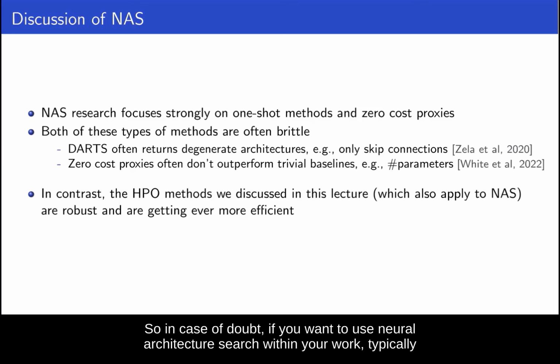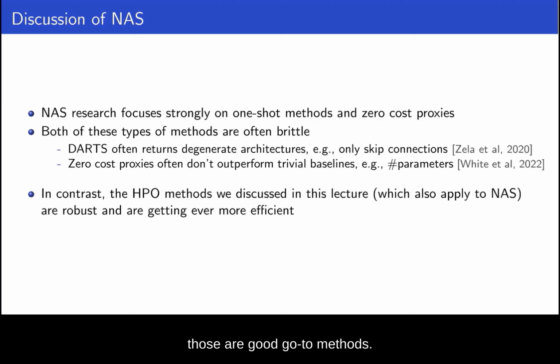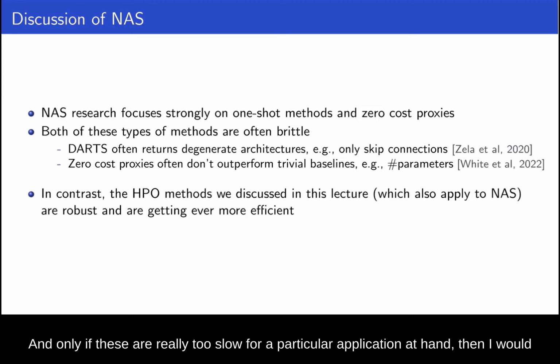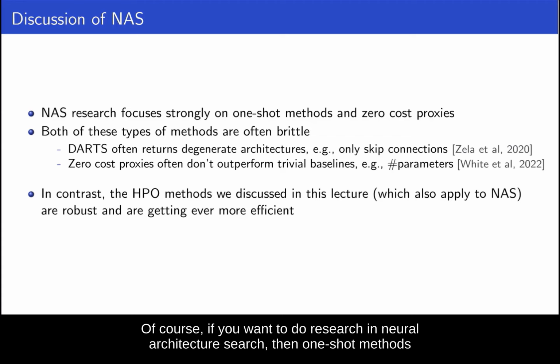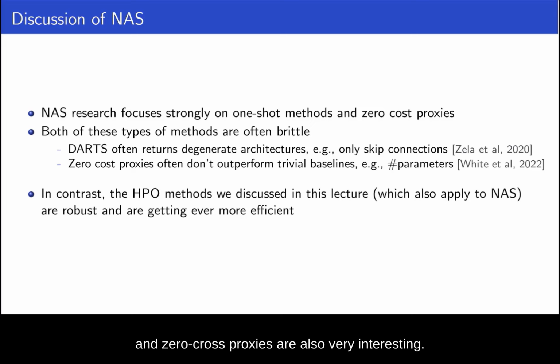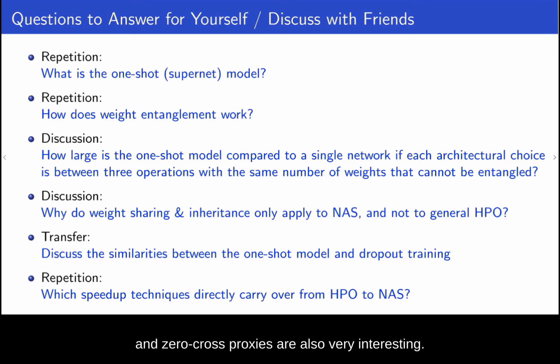So in case of doubt, if you want to use neural architecture search within your work, typically those are good go-to methods, and only if these are really too slow for a particular application at hand, then I would look at one-shot methods. Of course, if you want to do research in neural architecture search, then one-shot methods and zero-cost proxies are also very interesting. All right, and that brings us to the end of this video.